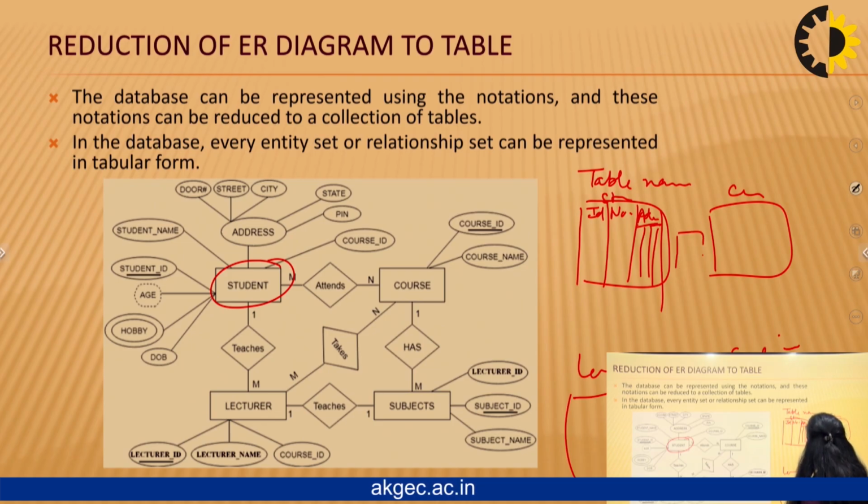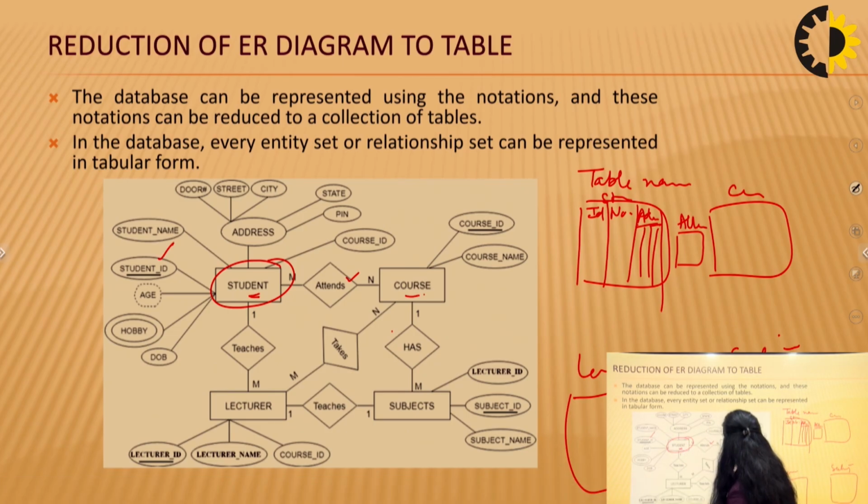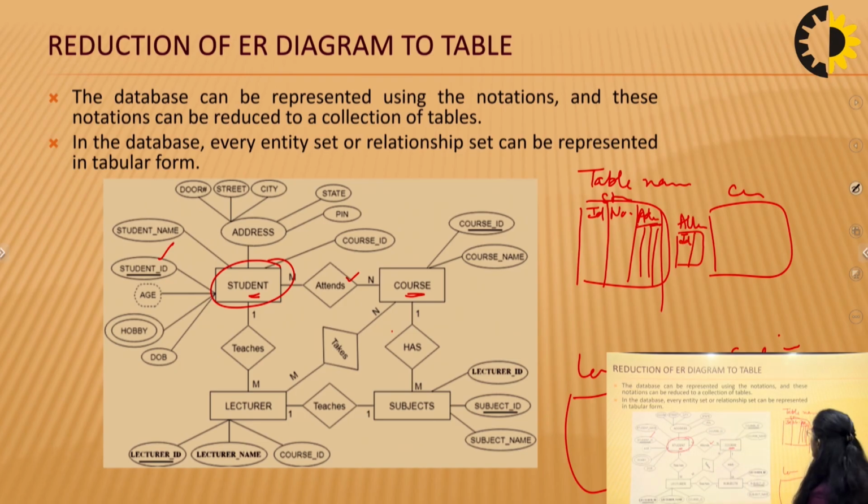Then there is another table which this relationship represents, attends, which will be having the primary key of this particular table and the primary key of this particular table. Like which student is attending which course, student ID and course ID. So, this is how we can convert this particular ER diagram to a table.